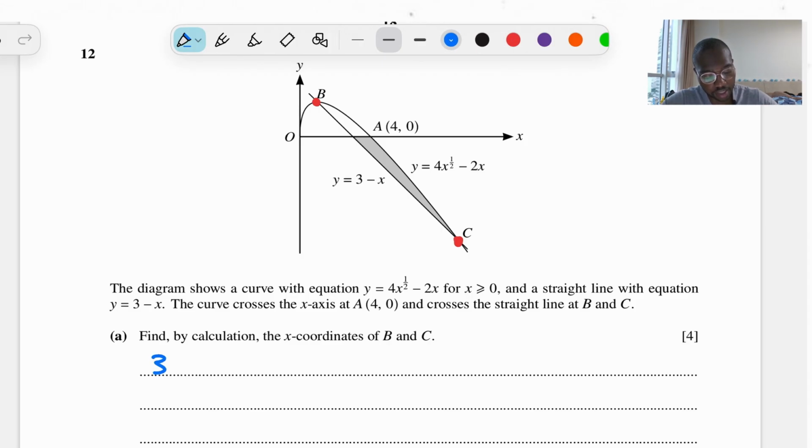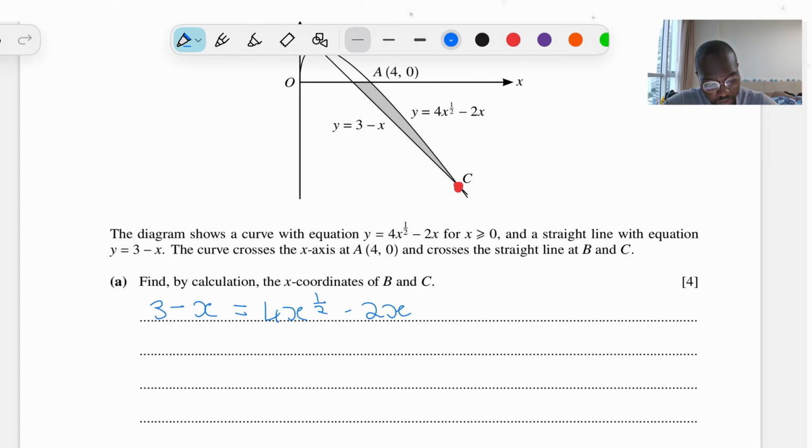So we get 3 minus x, and that is equal to 4x to the half minus 2x, and we just need to work this out, okay? So what can we do? Well, if we bring the x to the side, we get 3 plus x, and that's equal to 4x to the half.